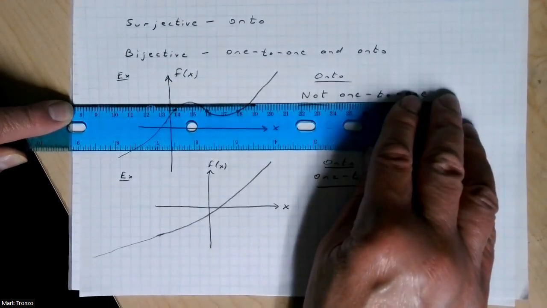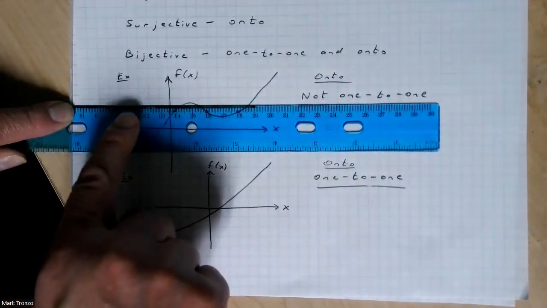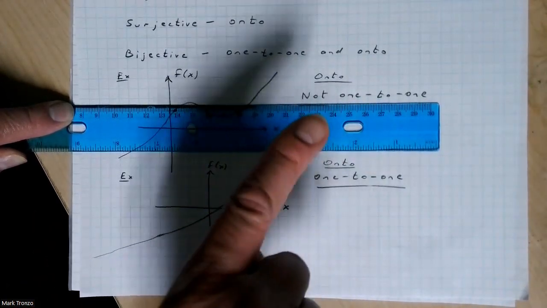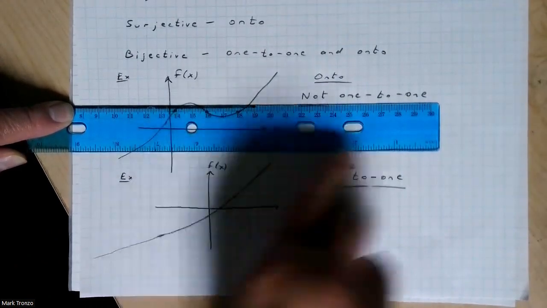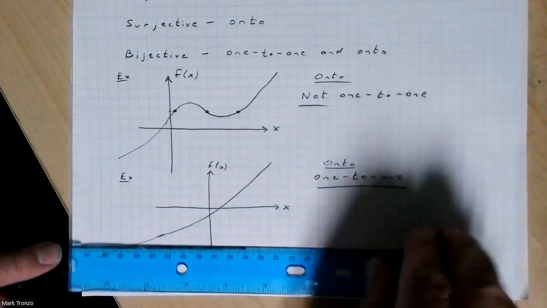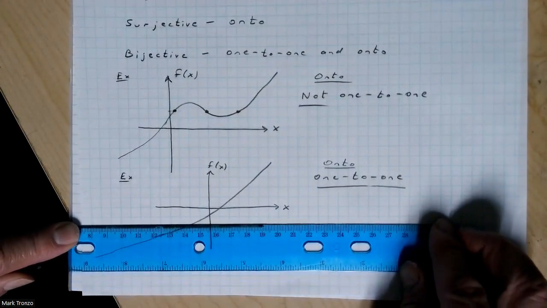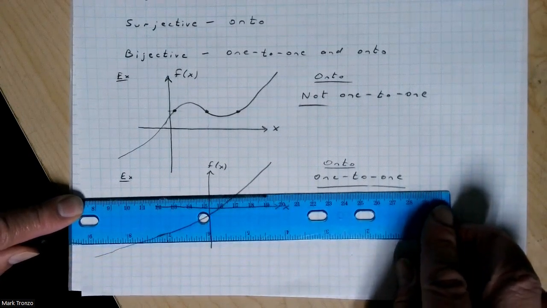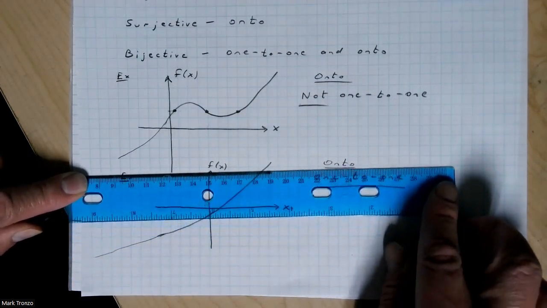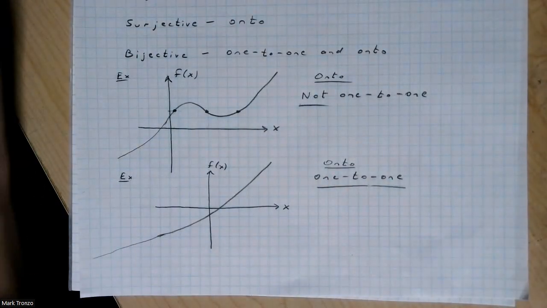And actually, there's several places like that. But if it happens even once that our curve passes a horizontal line more than once at any place, then it's not one-to-one. Now, if we go down here, notice the horizontal line is never crossed more than once by our curve. So this function is one-to-one.